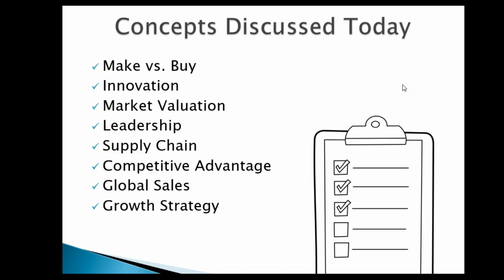Competitive advantage: you can argue that the Gap has a competitive advantage in history, branding and Americana, and Zara has a competitive advantage in supply chain, logistics, and product development, right? Like time to market.